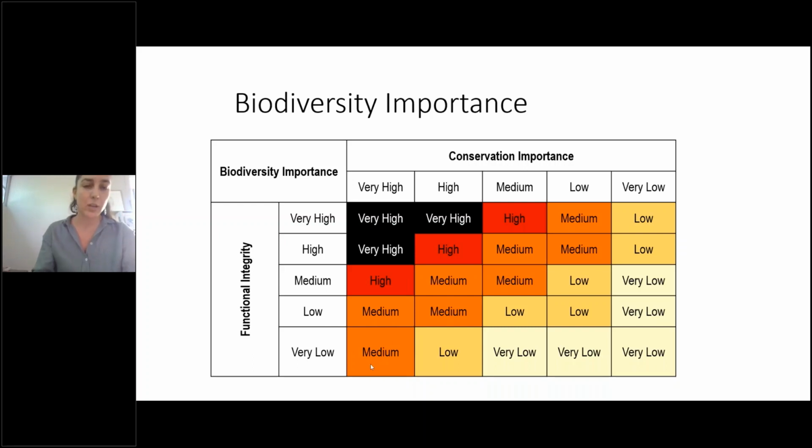And I'm sure if you're EAPs or specialists, you've had many situations where you have really, really threatened species, but the site is heavily degraded. And this way allows you to actually represent what's going on from a biodiversity importance factor by taking both the functional integrity and the conservation importance into account.